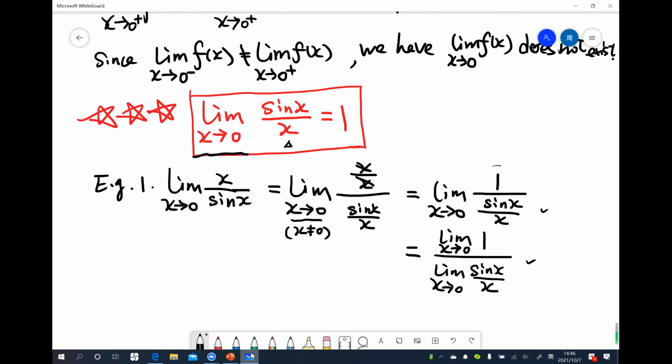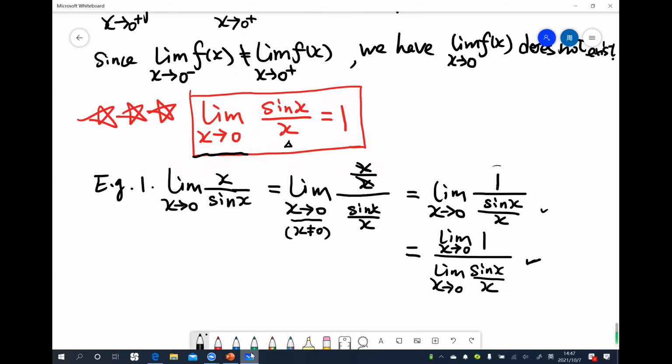Yes, Laushi. I could not understand the second step. Okay, so you cannot understand the second line, this one, right? The second step, x by x, you divide by x by x. That one, x by x, equals 1, right? So here that is 1. And sine x by x, we don't change it.